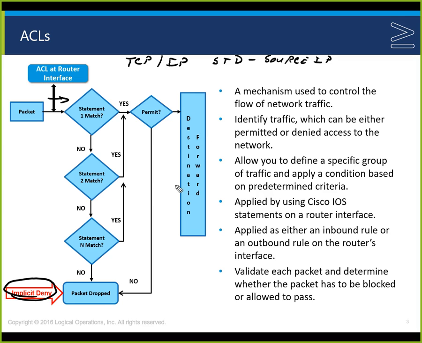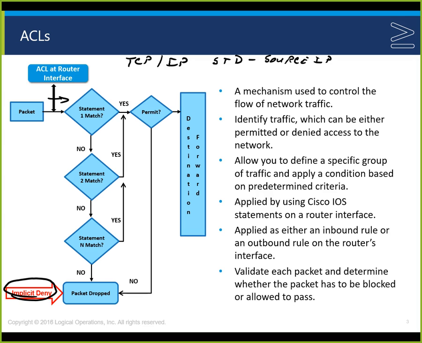Access control lists are used to control the flow of traffic. The bullets here identify traffic which can either be permitted or denied to the network, allow you to define a specific group of traffic and apply a condition based on predetermined criteria, applied by the Cisco IOS statements at the router interface, inbound or outbound. And the interface is where it goes to the media.